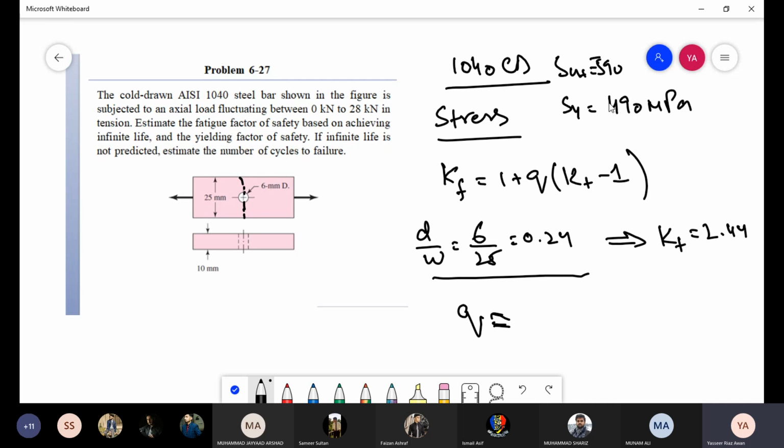So for these values, and R value is obviously 3 millimeter in this case, Q turns out to be about 0.83. So putting it in this equation, you get the value of Kf, that is about 2.2.